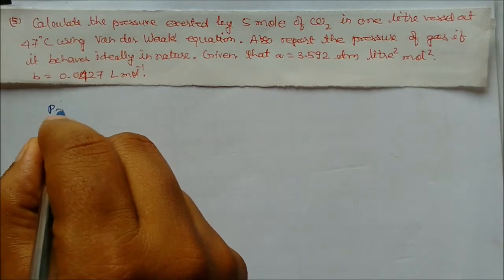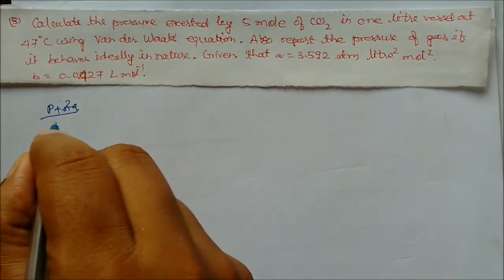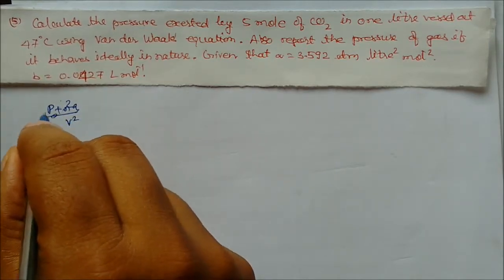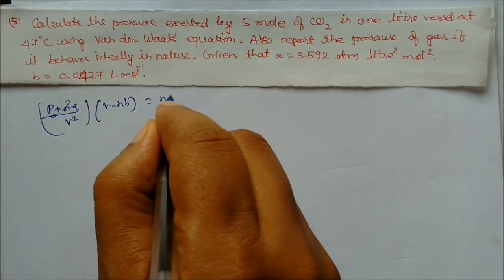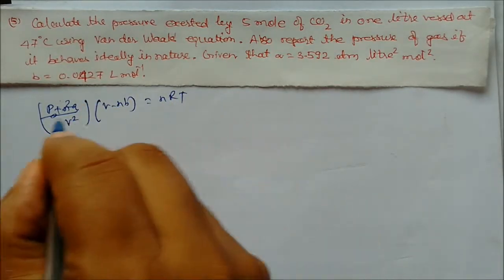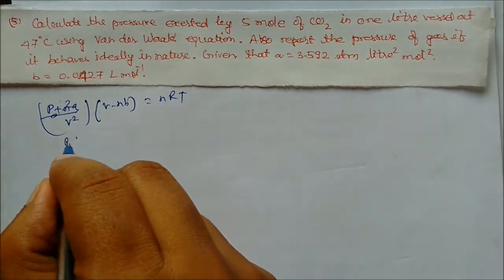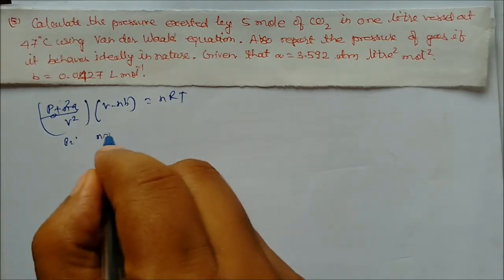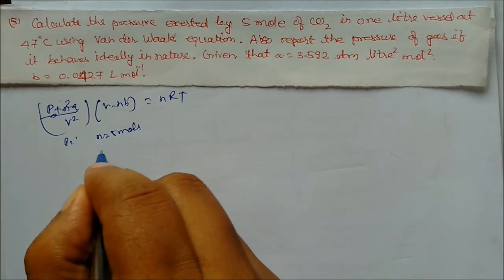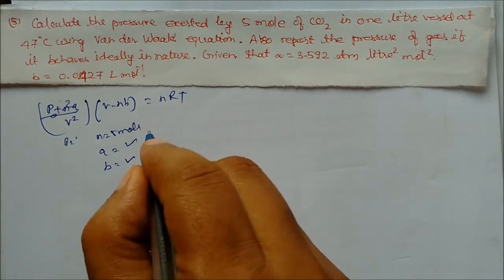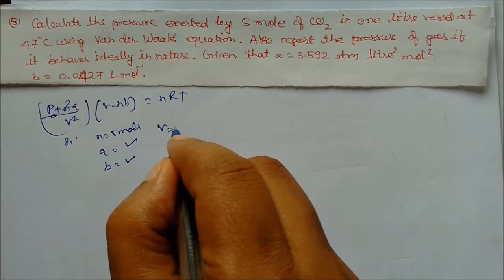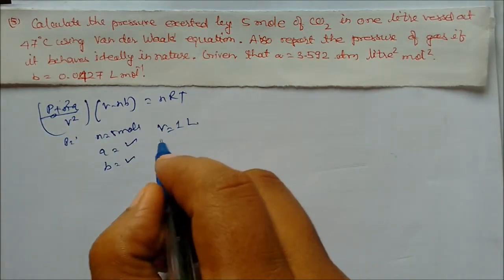So the van der Waals equation is P equal to n square A divided by V square, and then (V minus nB) equal to nRT. They are asking for pressure. We know n is 5 mole. A is given, B is also given, and volume is also given, that is 1 liter.